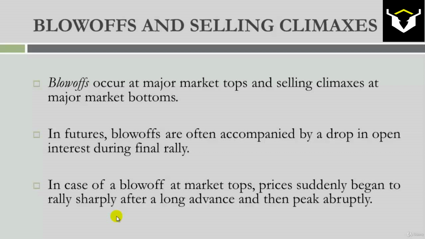Similarly is the case with selling climaxes. In selling climaxes, a gradual downside move is intensified and prices drop significantly in a short period of time. This price drop is supported by an extreme increase in traded volume.